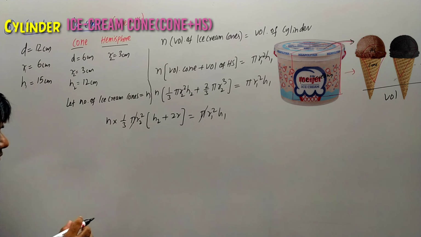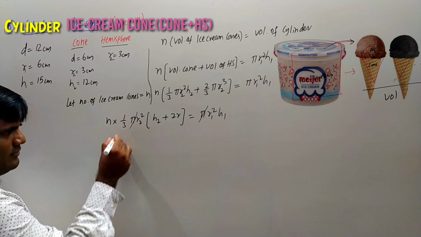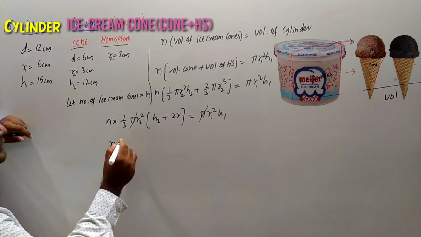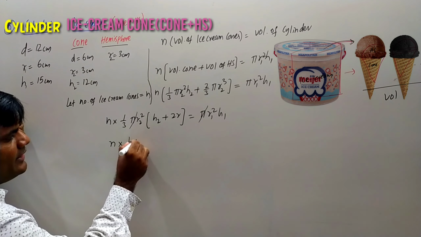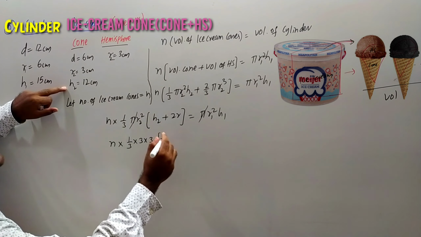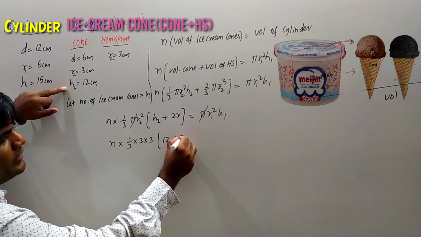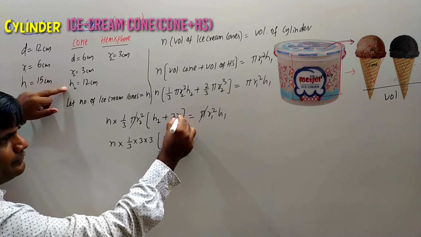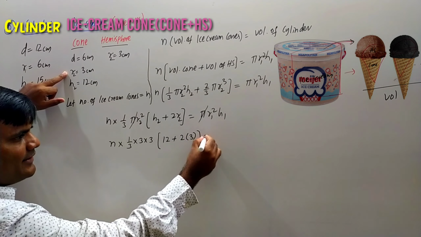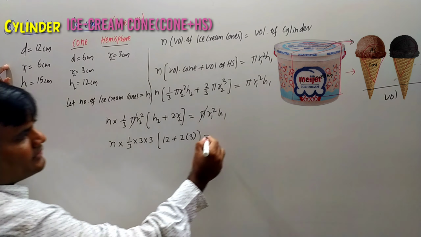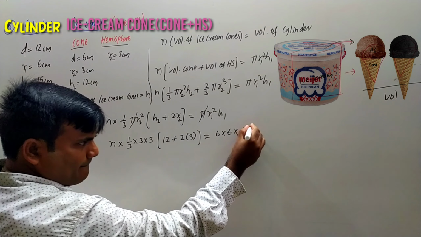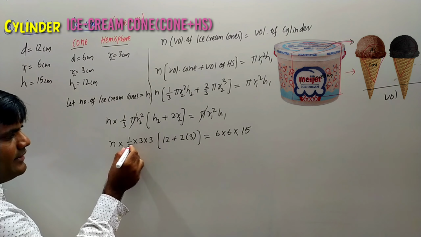Pi cancelled. So remaining, substitute the values r2 is equal to 3. So n into 1 by 3 into 3 into 3, h2 is 12 plus 2 into r2, 2 into 3, is equal to r1 is 6, so 6 into h1 is 15. 3 cancel.